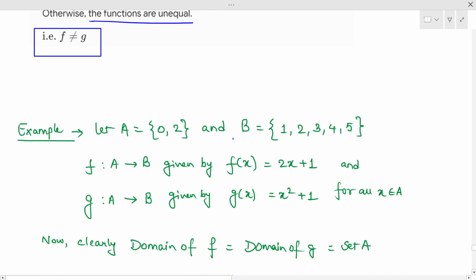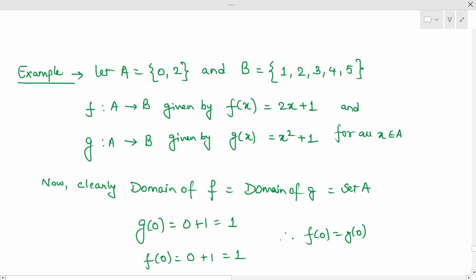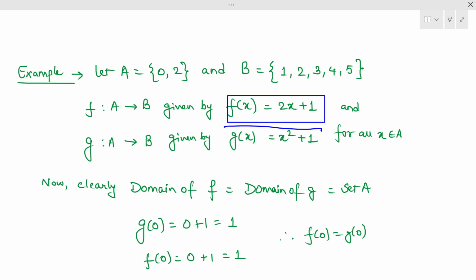You can see one example here. We have considered a set A = {0, 1, 2} and B = {1, 2, 3, 4, 5}. f goes from A to B, and we have defined the function f(x) = 2x + 1, and g goes from A to B, defined as g(x) = x² + 1, for all x belonging to the set A.